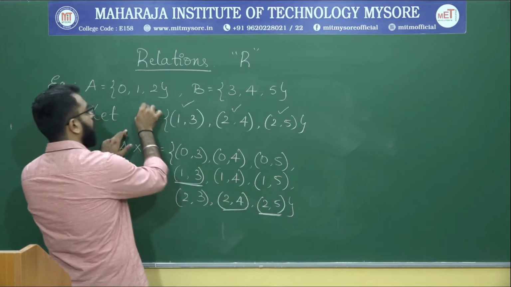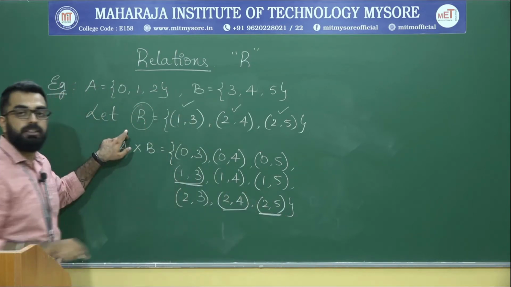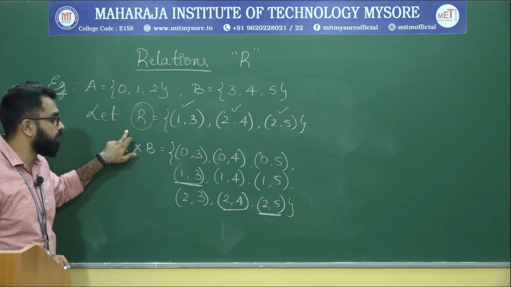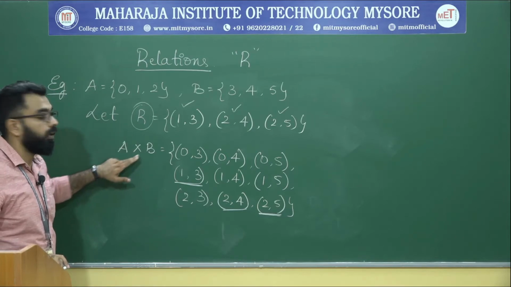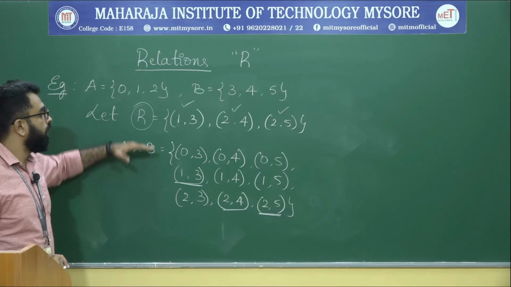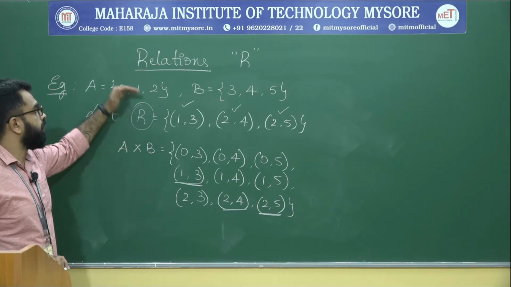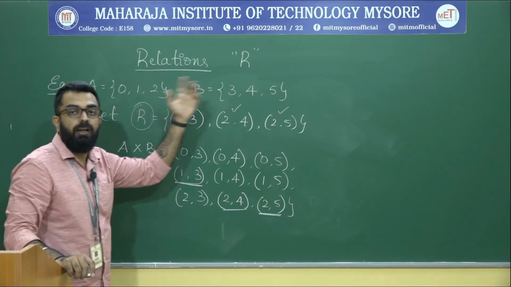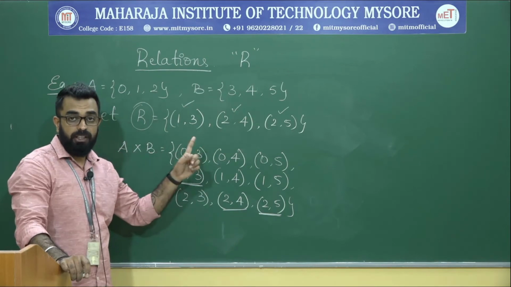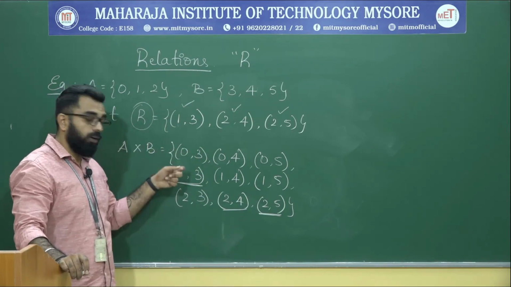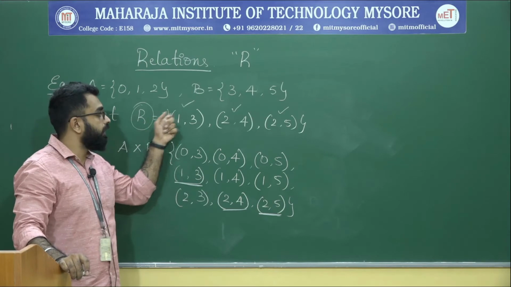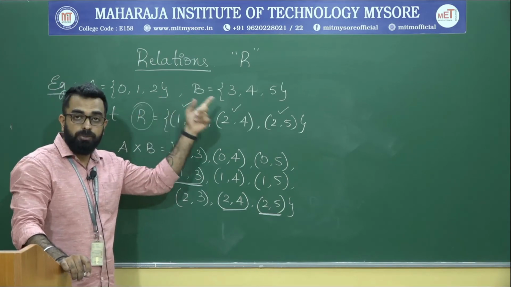So the given R is a subset of A cross B. Then we call R a relation defined on sets A and B.